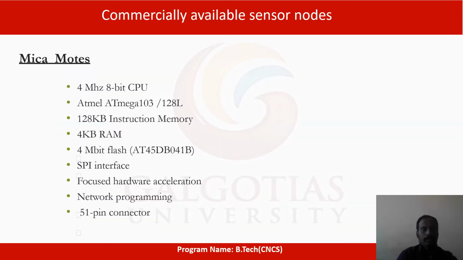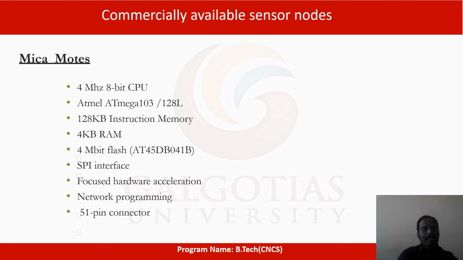Then Mica motes. It has a 4 megahertz 8-bit CPU. It has 128 KB of instruction memory, then 4 KB RAM, 4 Mbit flash, and an SPI interface. It focuses on hardware acceleration, network programming, and a 51-pin connector. This Mica is a second generation tiny wireless smart sensor, running TinyOS for communication and processing.